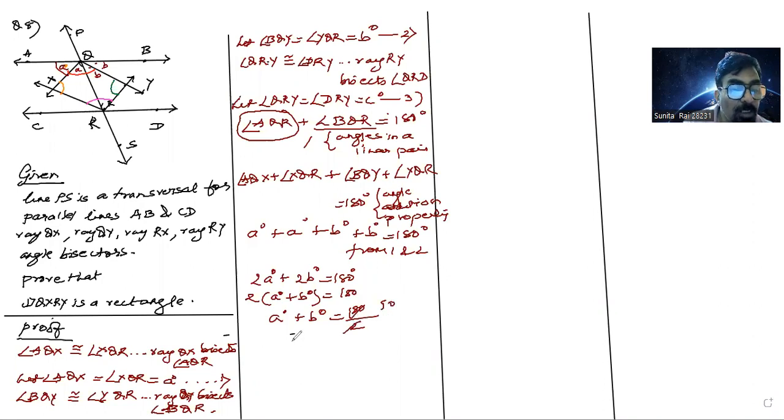So A degrees plus B degrees is 90 degrees. Now keep this in your mind. This is my statement number 4.